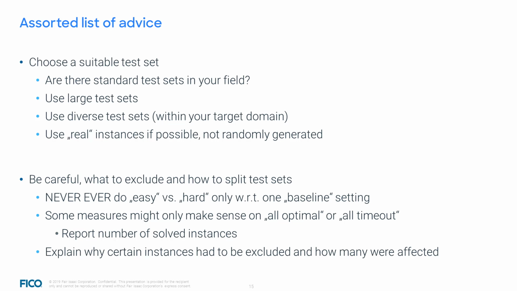Care must be taken when splitting test sets. Of course, it is often interesting to split test sets into different categories and find out how things work on easy or hard instances. That's a very natural question to ask. However, a test set should never ever be split into easy and hard models with respect to only one baseline setting, since this will completely bias the computational experiment.